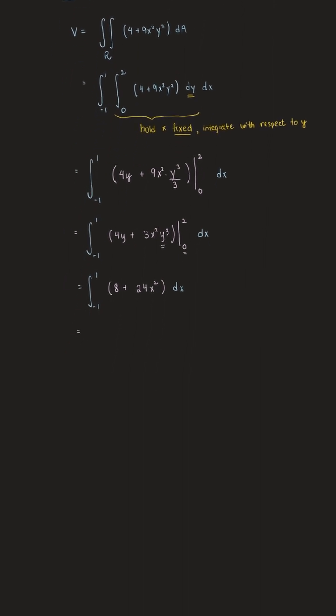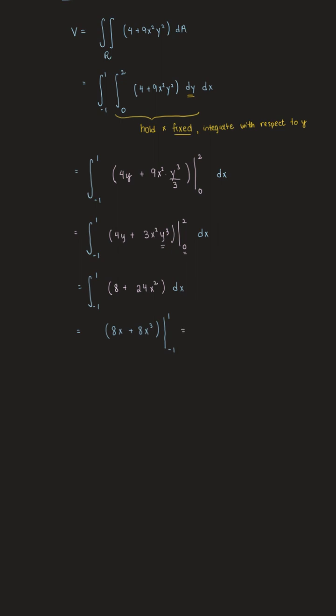So now we're ready to integrate this with respect to x. So this is going to be 8x plus 24x cubed over 3, which gives us an 8x cubed. And we will integrate this as x varies from -1 to 1.